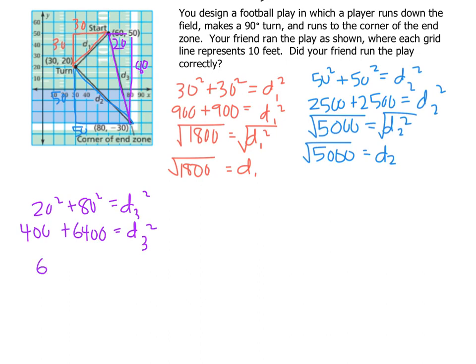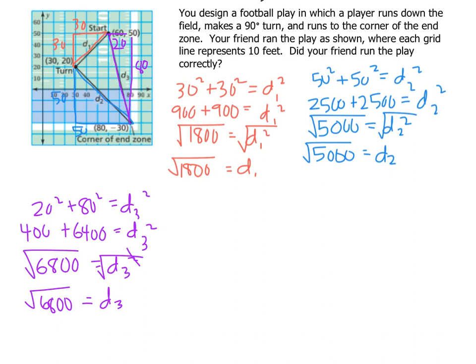Let's see, that's 6,800 equals D3 squared. And then when you square root, it cancels out. So D3 is the square root of 6,800. Now you might already know that it's going to work because you might see the numbers.